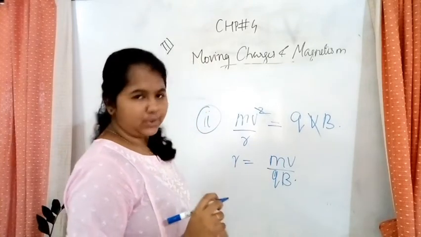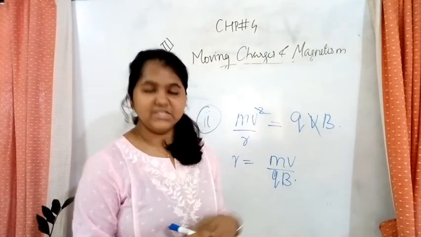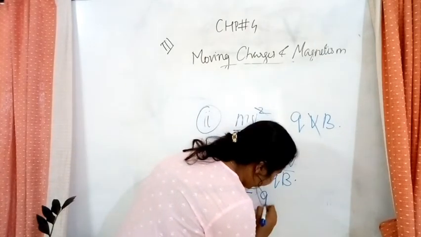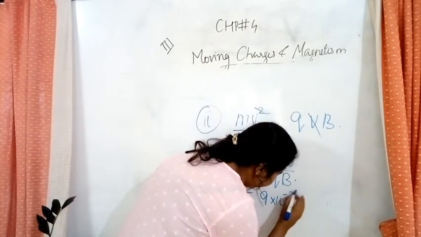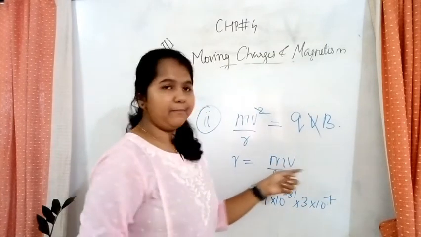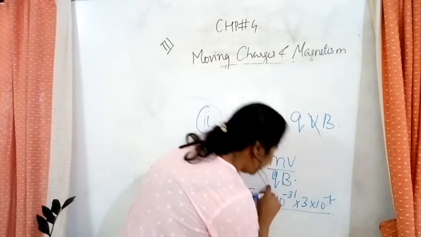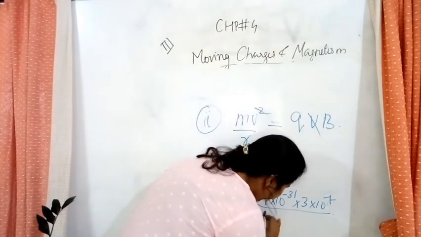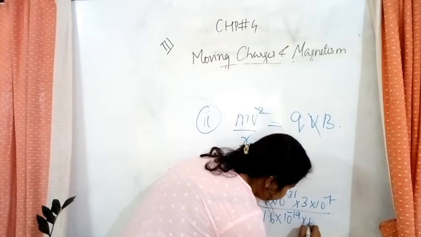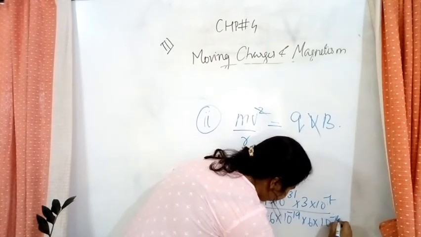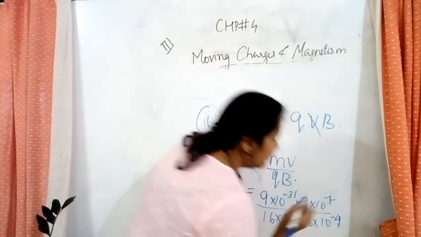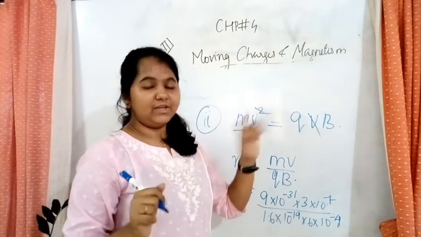Let's substitute this equation. We have these values given. What is the value of m? 9 into 10 raised to minus 31 into 3 into 10 raised to 7. That is m into v. Now q into b is our next. So 1.6 into 10 raised to minus 19 into 6 into 10 raised to minus 4, which is the value given in the question.